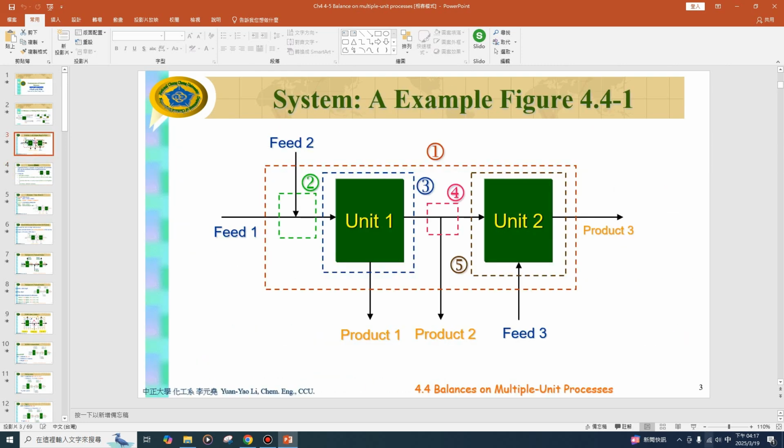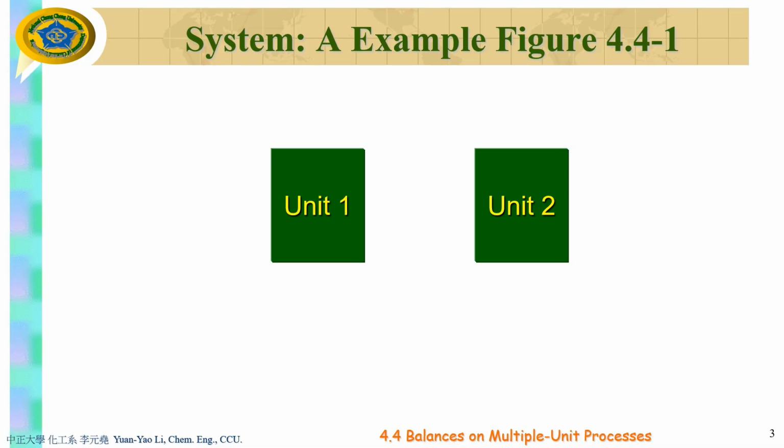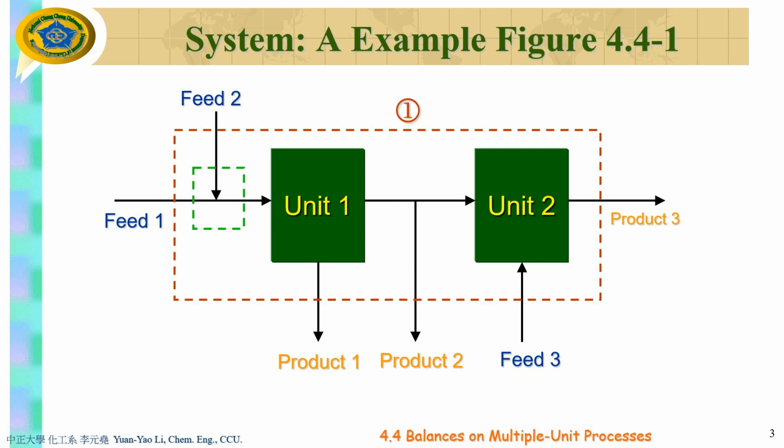For example, since you are early birds, let me give you an example of number one. Can anybody tell me how many inputs and how many outputs? 0.5. Yes. And how many outputs? 3 outputs, right?